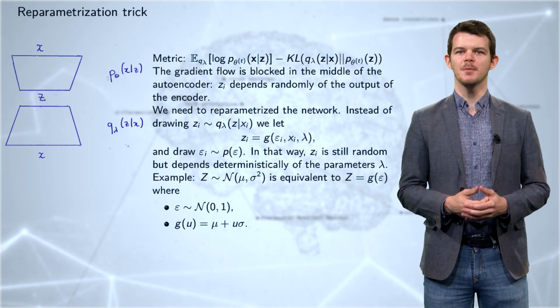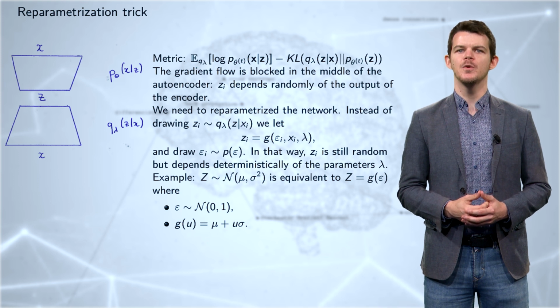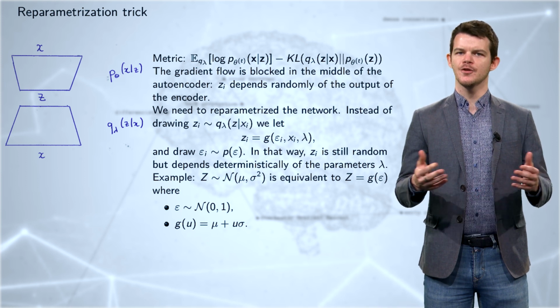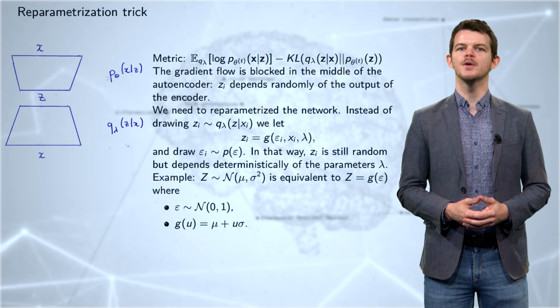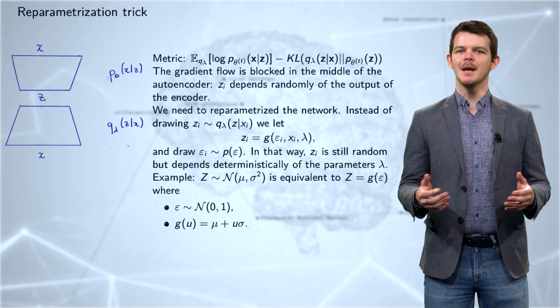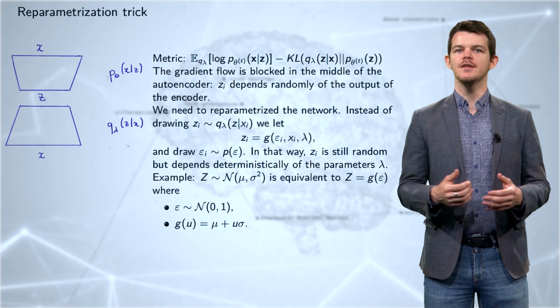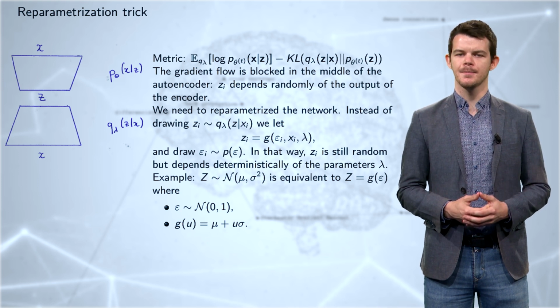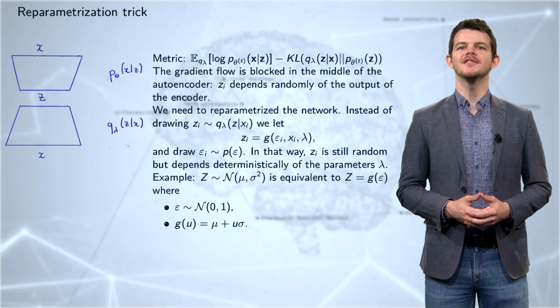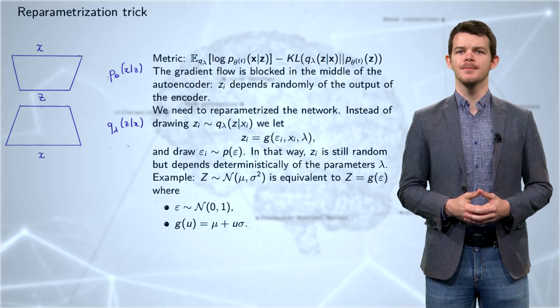Epsilon is a random variable, but it is now possible to differentiate z_i with respect to lambda. Such a transformation is possible for a Gaussian distribution by letting epsilon be distributed as a standard Gaussian random variable and g the function defined below. With this expression, you see that it is easy to differentiate g with respect to mu or sigma, which are the two parameters of interest.